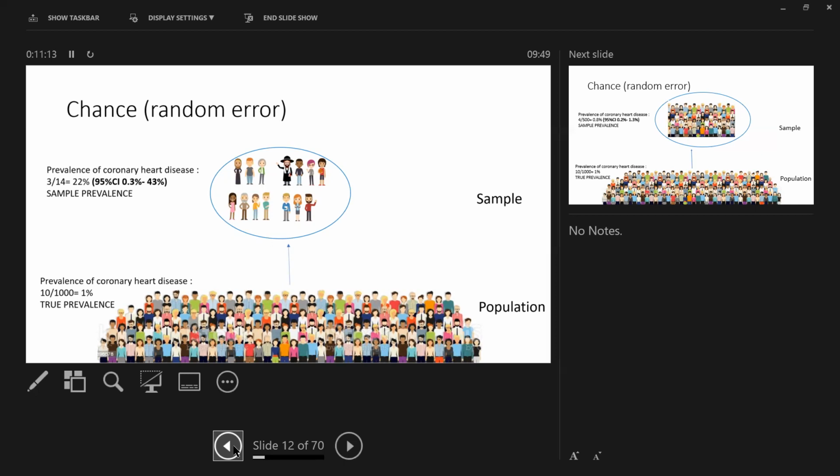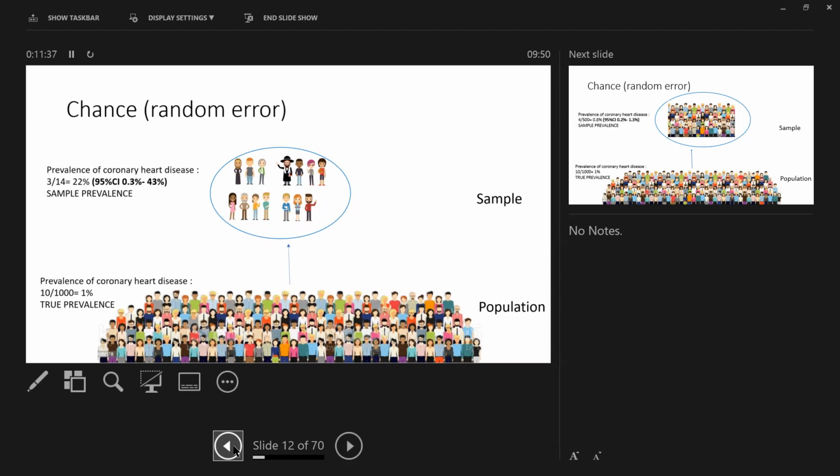And you can even find, if you type in an online confidence interval calculator, you enter your sample size, and it will give you the confidence interval. So here we could see that in our sample, the prevalence of coronary heart disease is 22%, but it could be as low as 0.3%, or it could be as high as 43%.